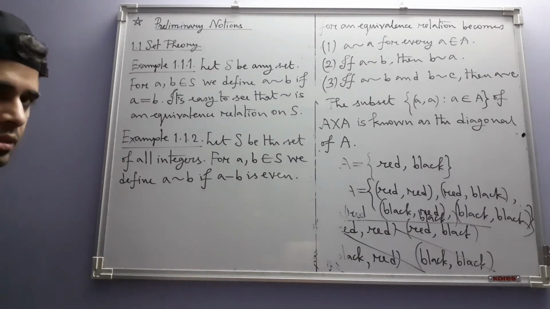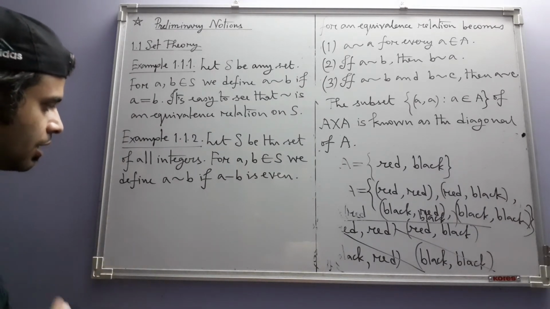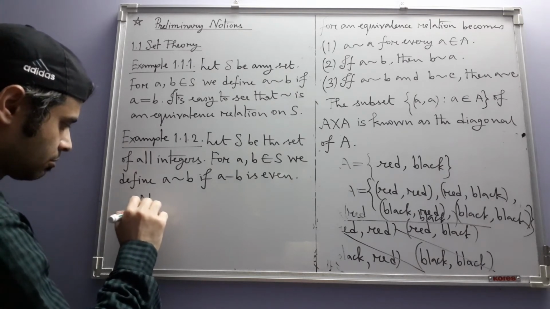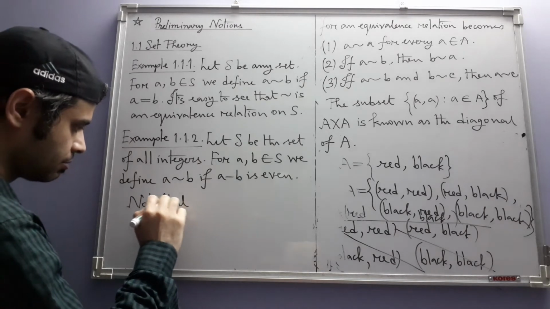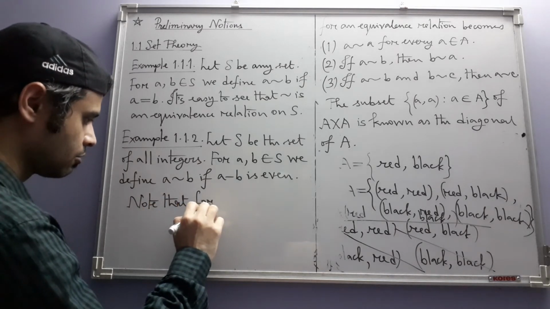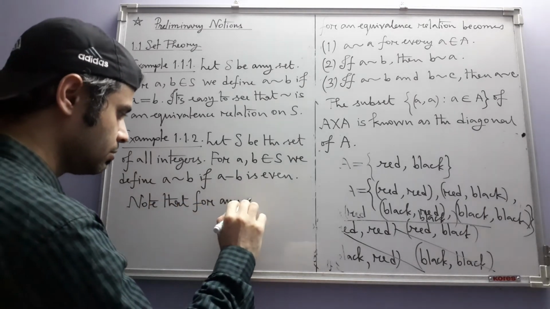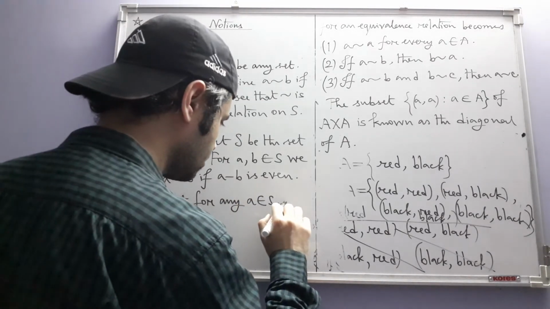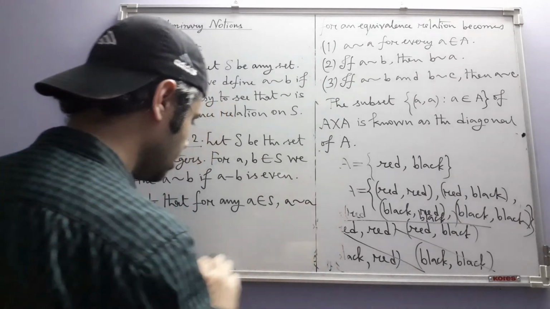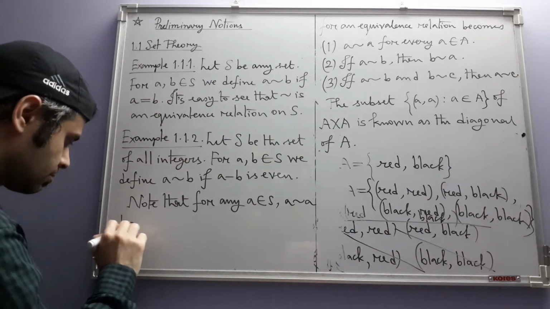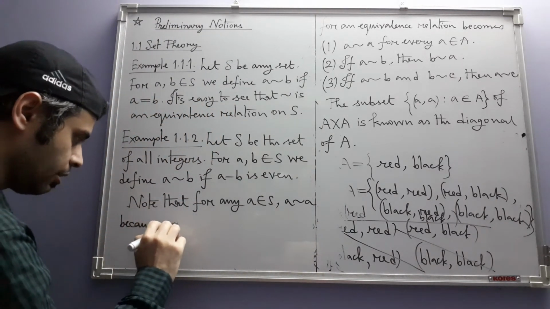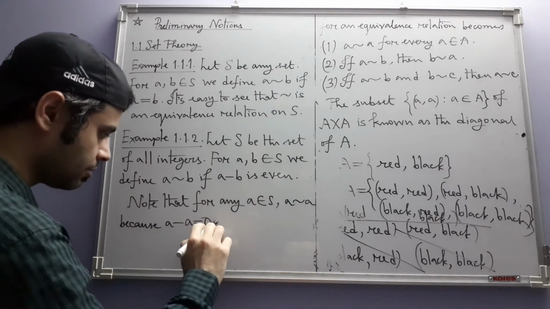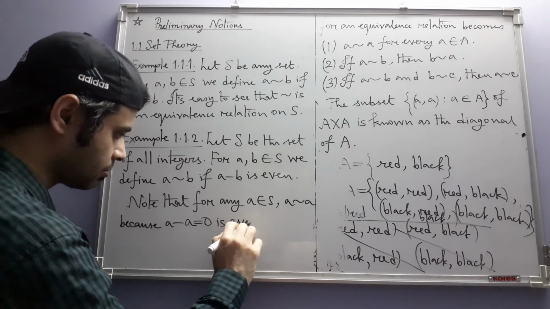So in this case, let us see how this is an equivalence relation. Note that for any A belonging to S, that is for any integer A, A is related to A because A minus A is 0 and this is even.